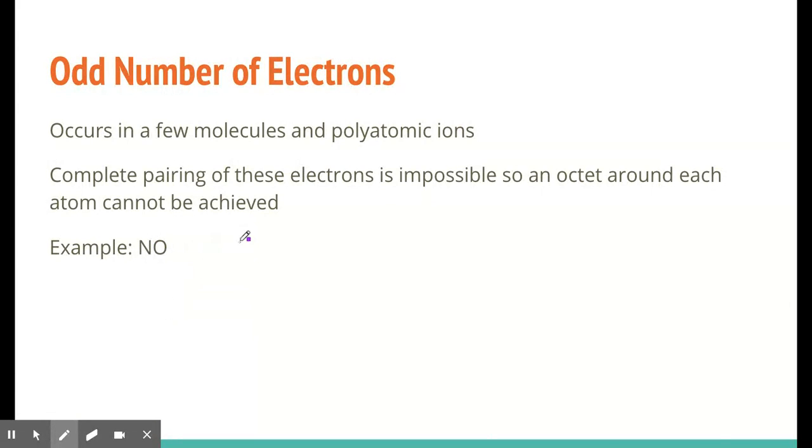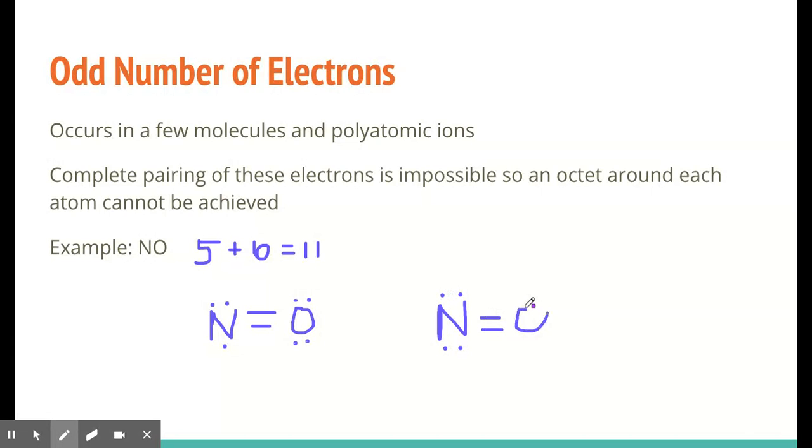How many valence electrons does NO have? We have 5 for nitrogen and 6 for oxygen, which gives me a total of 11. So the Lewis structure here would look like this, or this.